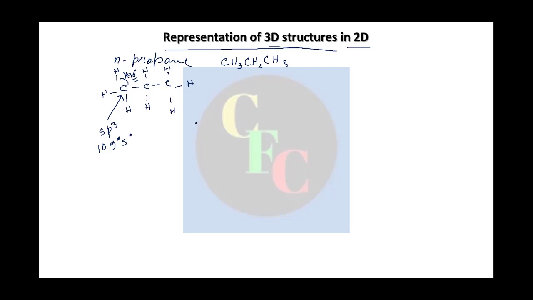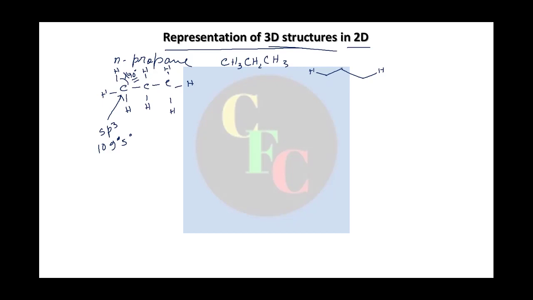For this we have devised, generally, this angular chain structure, wherein these are the bonds that are on the paper, the solid bonds, which means these are on the plane of the paper.